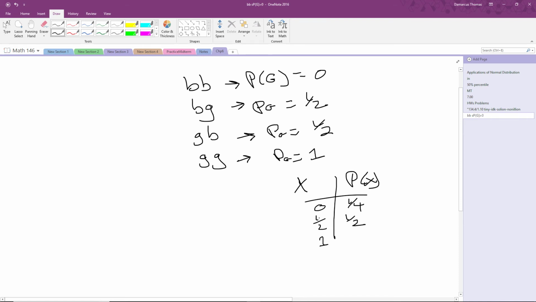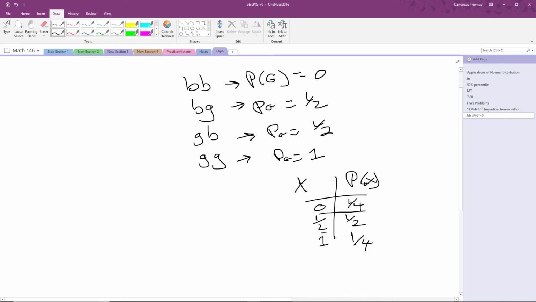Actually, I should have put 0, 1, 2. Oh, okay, so we're actually doing it from the proportion of girls. So x is the proportion of girls, and then here's the probability. And then 1, getting exactly the proportion of 1 girl, it's going to be 1 out of 4 chances to do that. So there it is.